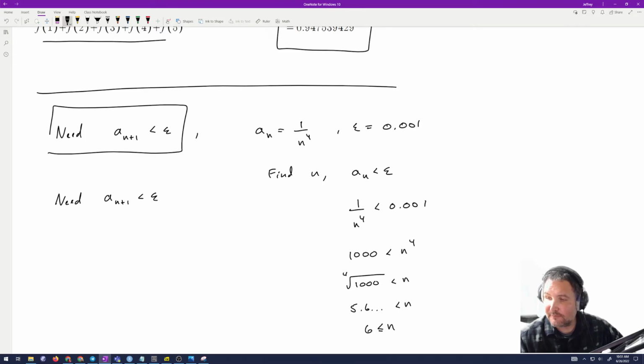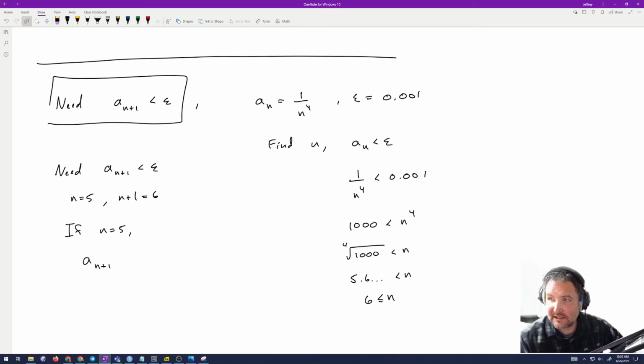Okay, so if we have n equals 5, then what's n plus 1? n plus 1 is equal to 6. So therefore, a_(n+1), if n is equal to 5, then for all n bigger than that, a_(n+1) is going to be less than epsilon.